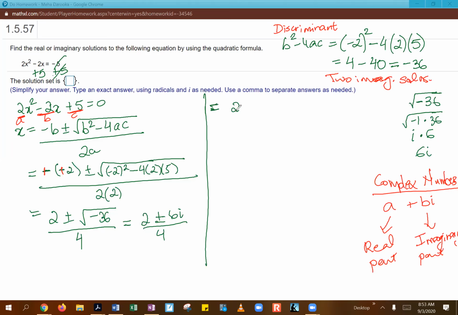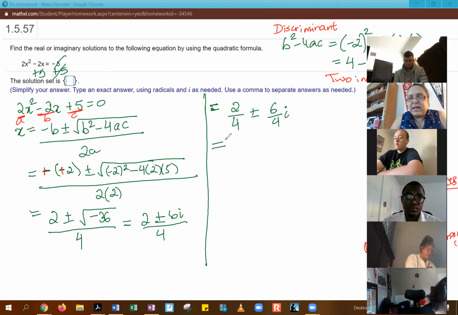So I'm going to take that denominator and split it as 2 over 4 and then plus or minus 6 over 4 and then put the i after that. So we can keep this format of a plus bi, and then of course all we have to do is reduce those fractions. So what does our final answer end up looking like?